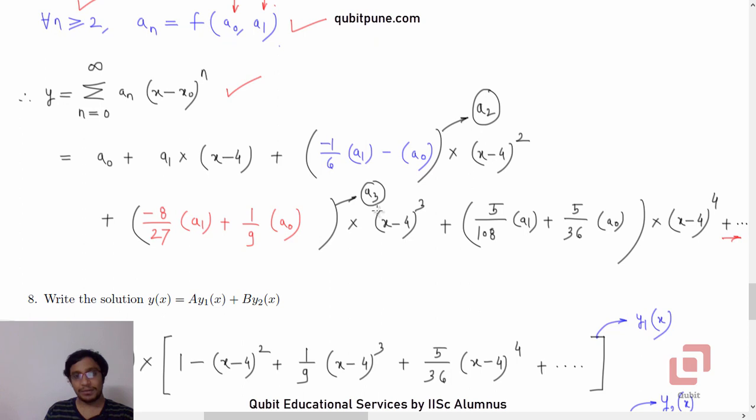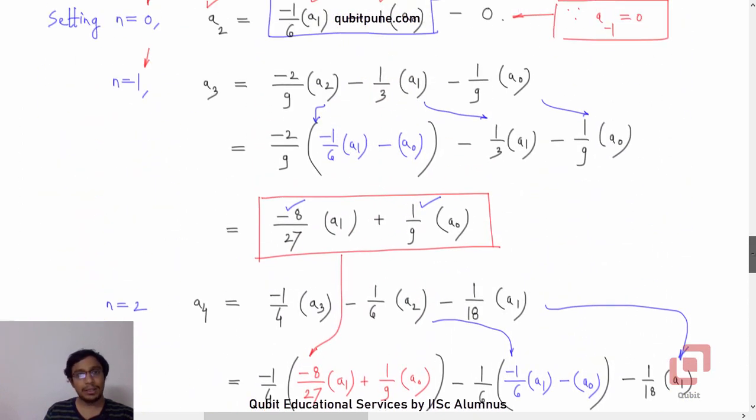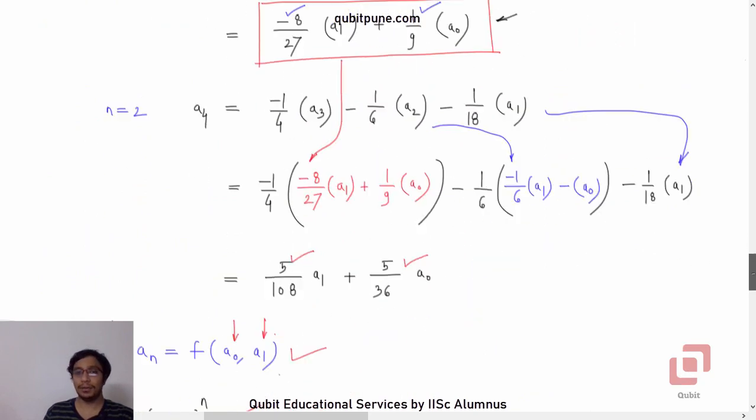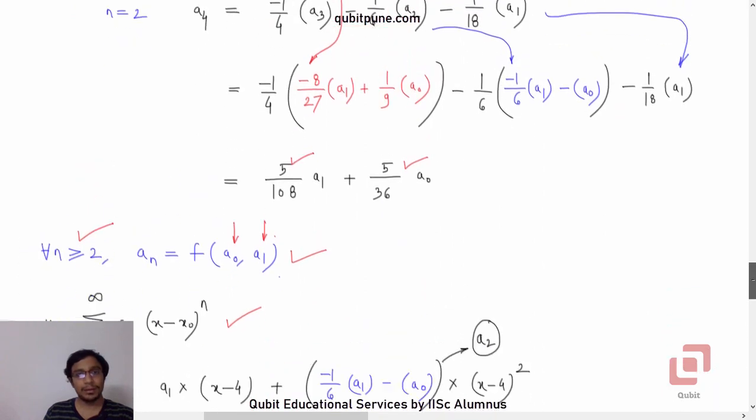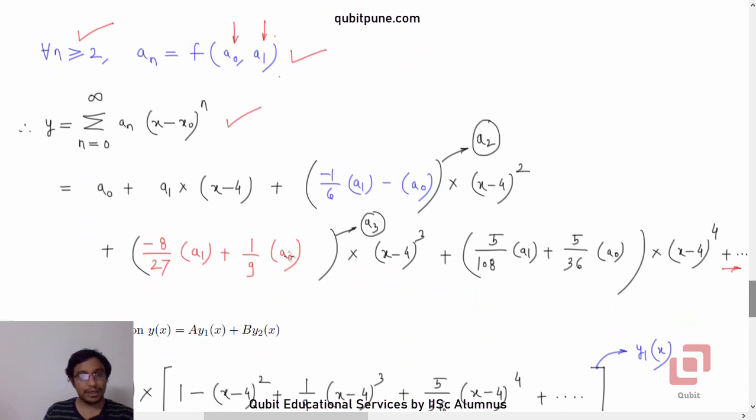But do we know the expression for a3? Yes, we do know that. Put it there. Okay, a3, it is here in the red color. Negative 8 upon 27 a1 plus 1 upon 9 a0. Yes, negative 8 upon 27 a1 plus 1 upon 9 a0 into x minus 4 cubed.